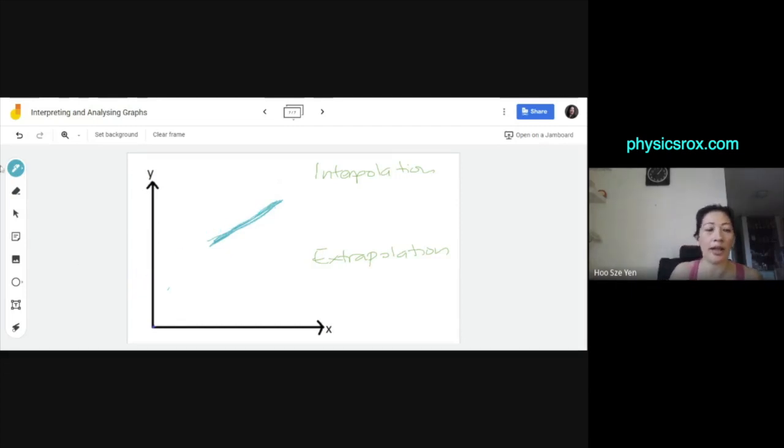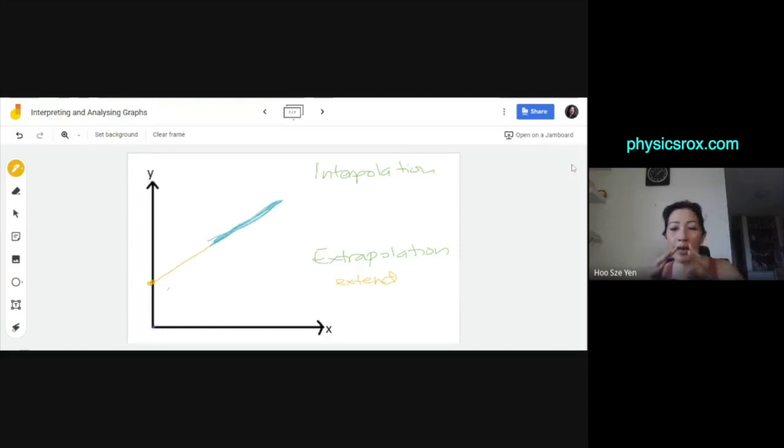Then how do you get the y-intercept? Extend the line, correct? You imagine this is your original graph, and the yellow line is the pencil. You extend until here, correct? You all learned this before, right? Okay, thank you. So this extension is actually extrapolation.